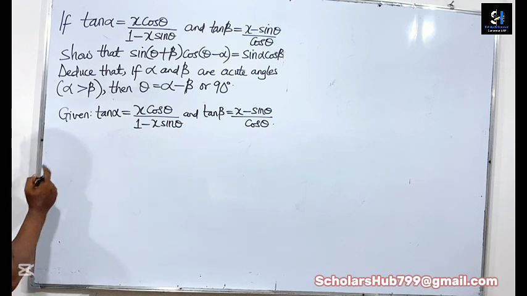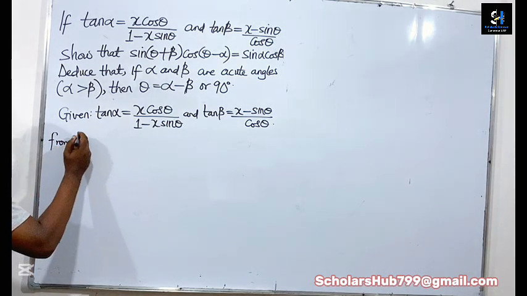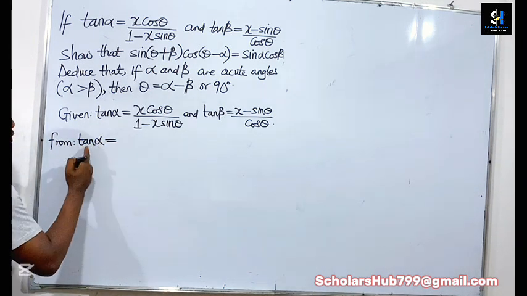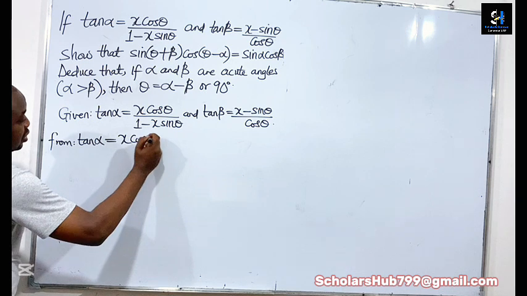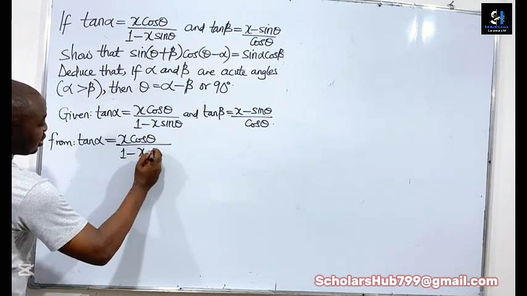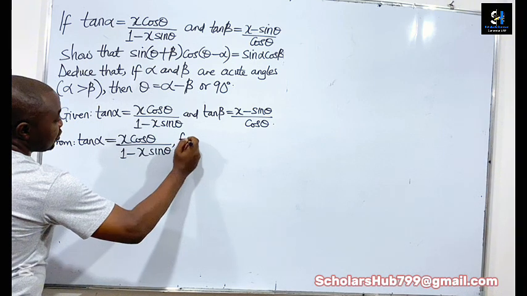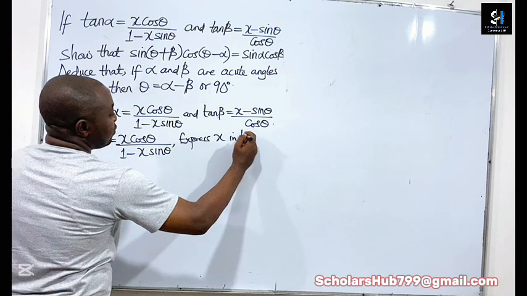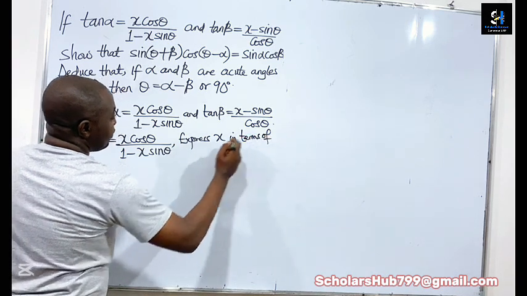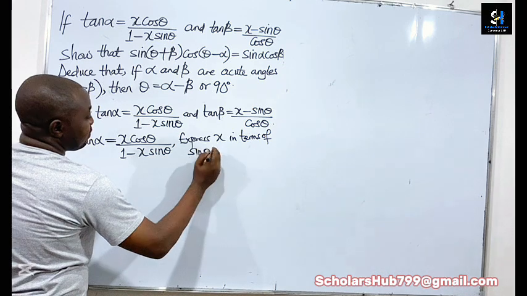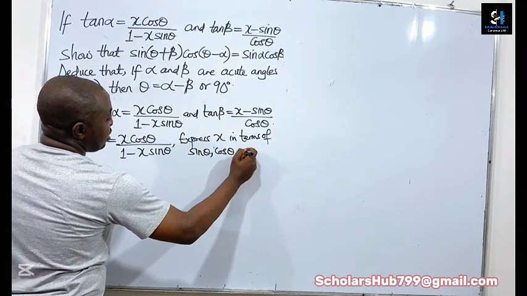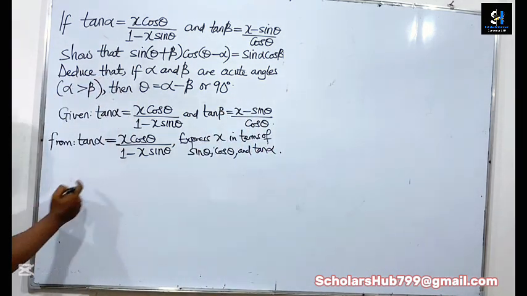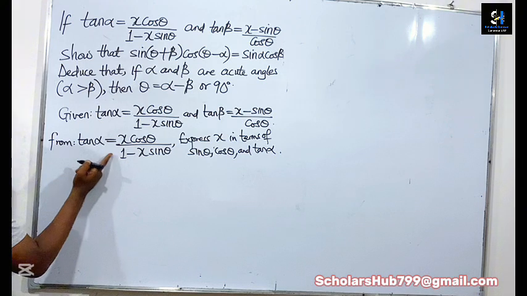So from tan alpha equals x cos theta over 1 minus x sin theta, now I'm going to express x in terms of sin theta, cos theta, and tan alpha. Nice. So in this case, what I'll do from here is cross multiply.